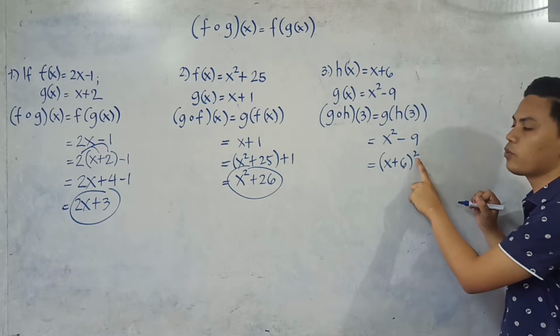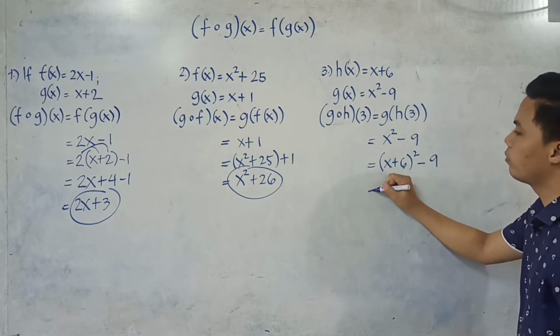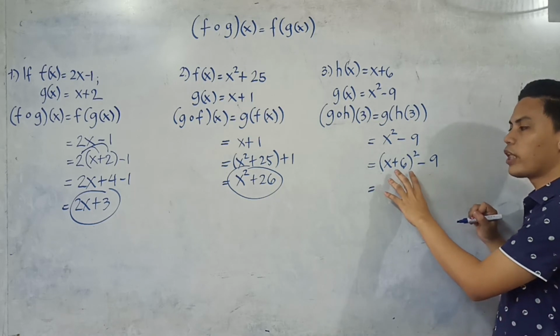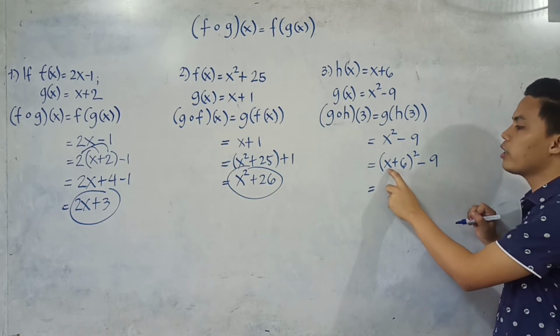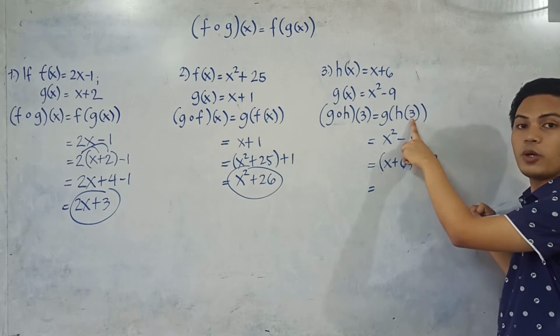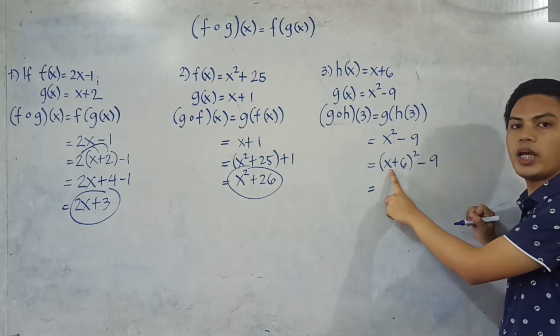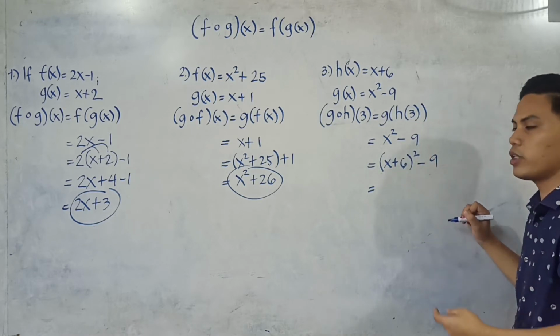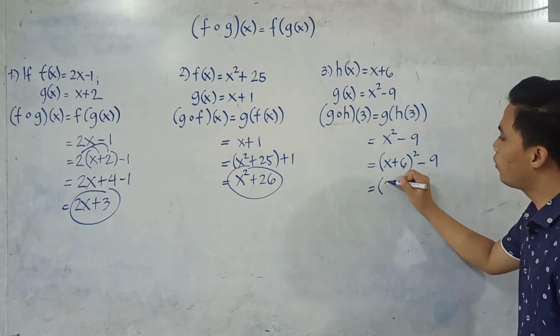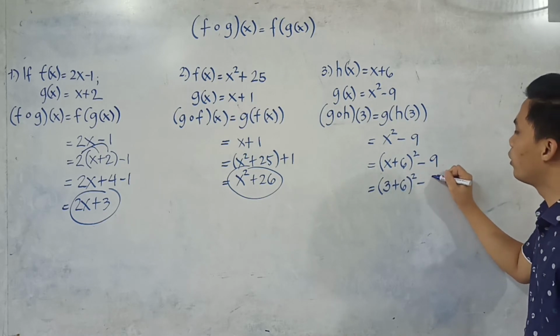Squared pa rin siya. Then, minus 9. Di muna tayo mag-simplify kasi alam natin na ang x, yung sa innermost natin, ang value ay equal to 3. Therefore, ang 3, kailangan pa natin i-substitute sa x, before tayo makasimplify. So, you will have 3 plus 6 squared minus 9.